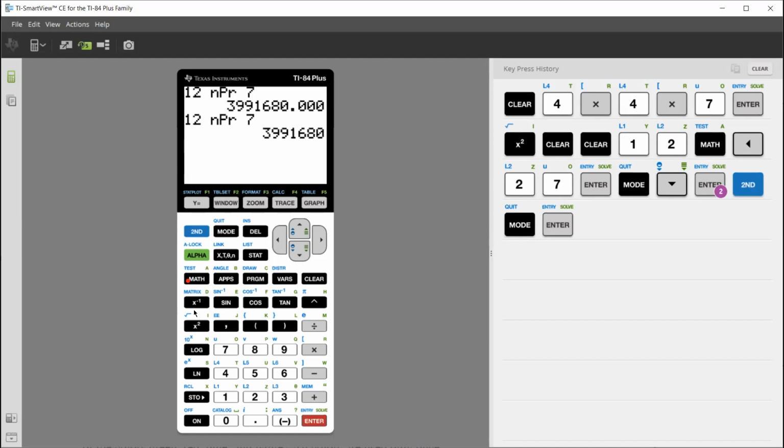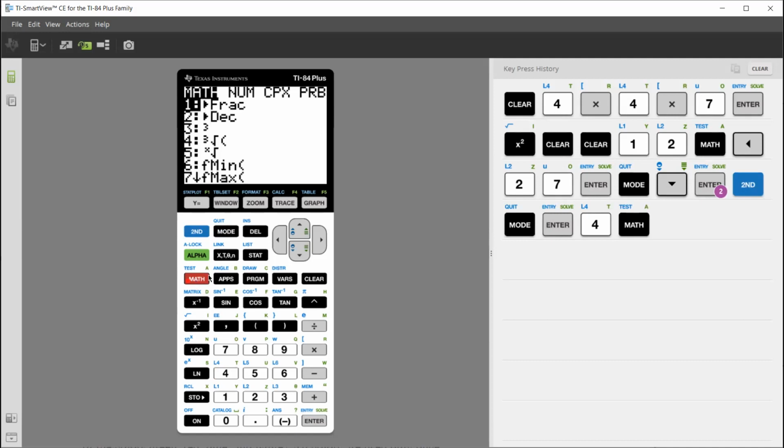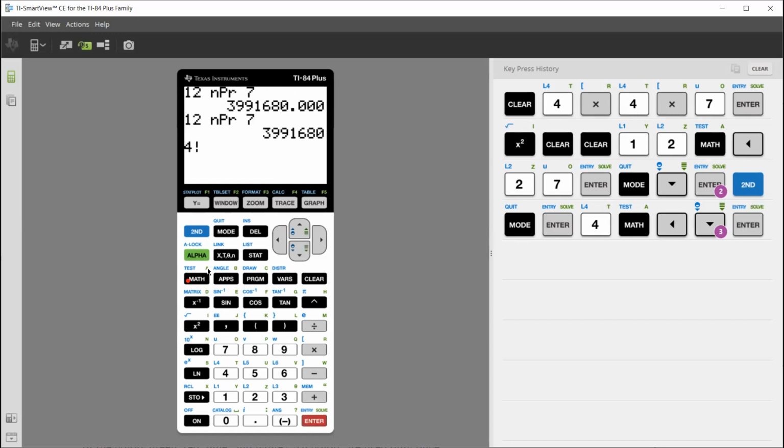For part B, remember we have the numeric characters first. There's a couple of ways to write it. You can write out all the numbers like I did, or you can use 4 factorial for the first part, the 4 times 3 times 2 times 1, right? That's the exclamation, Math, then probability. Now, that's the first 4 characters.